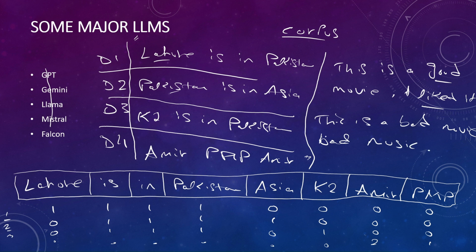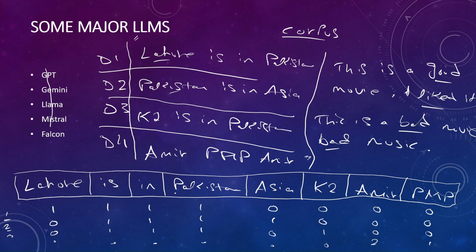So it will look for the frequency. Here bad will be coming two times, so it will help us identify that it's a bad review or a bad analysis. That is the whole purpose of using bag of words, that it's a frequency-based model. And that is how this will work.